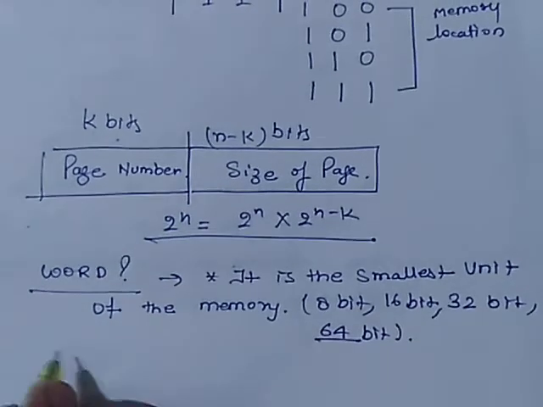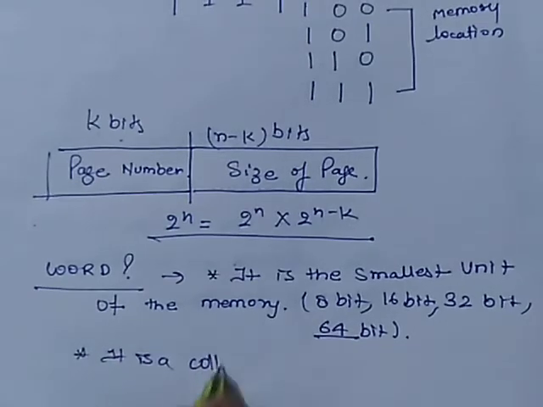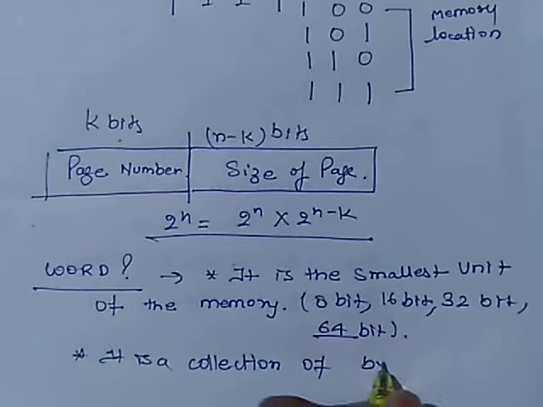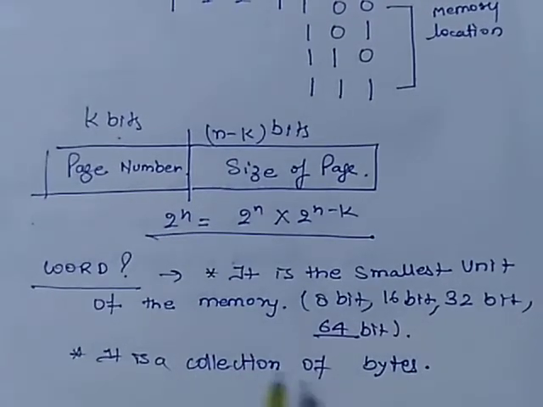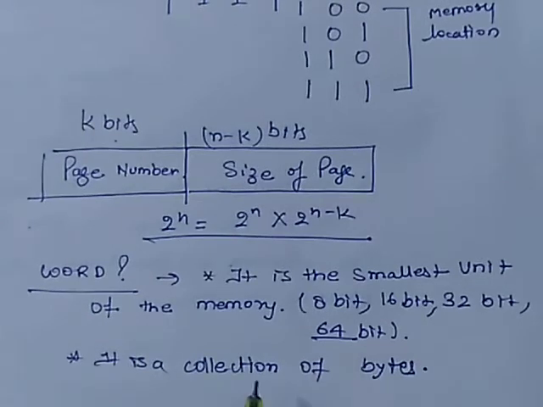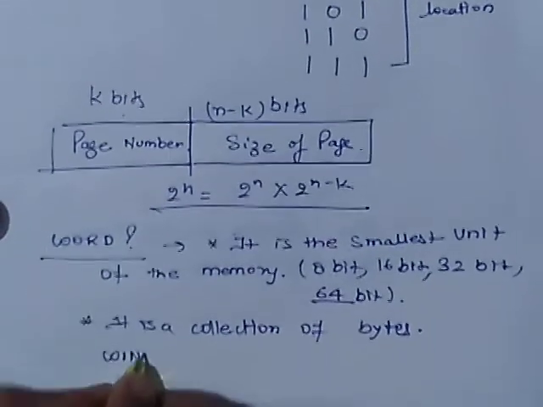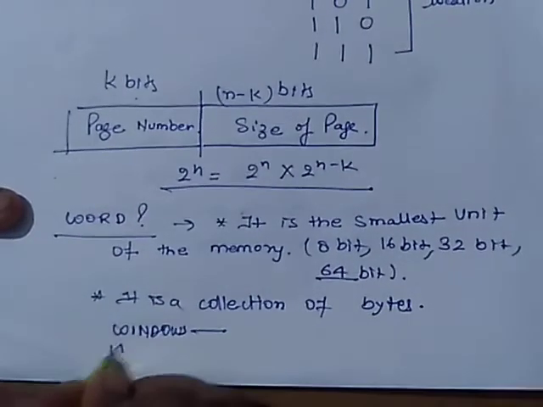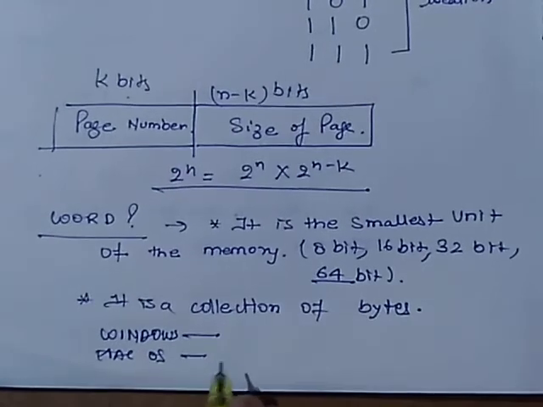We can also say that it is a collection of bytes. Every operating system defines a different word size. For example, in Windows we have a different word size, in Macintosh operating system we have a different word size.